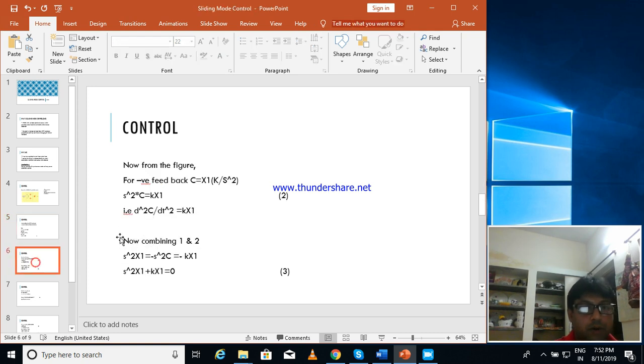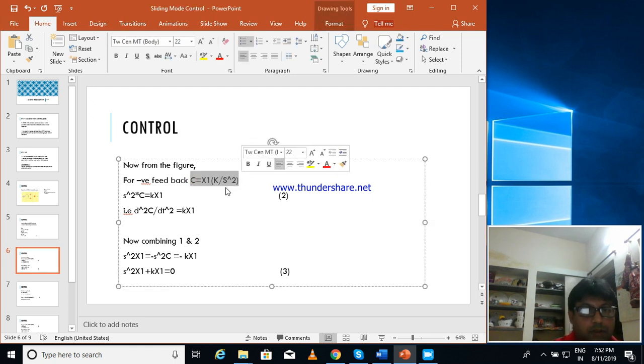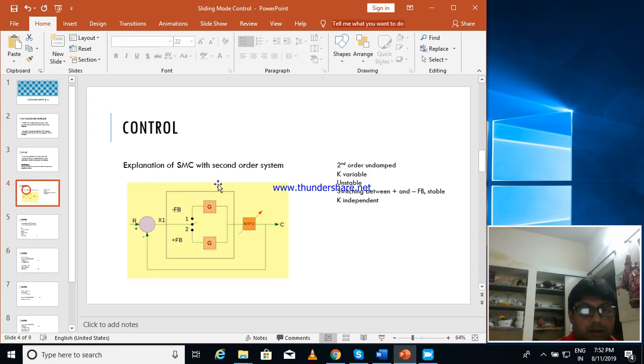Now from the figure, for negative feedback, the output C is nothing but x1 into K by s square. You see this one. So this output C is equal to x1 into this plant.